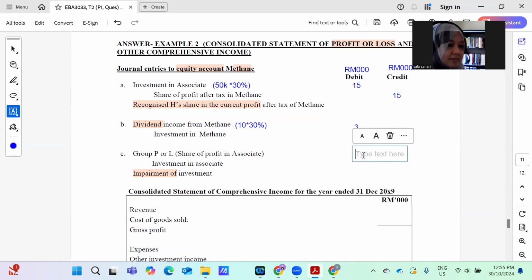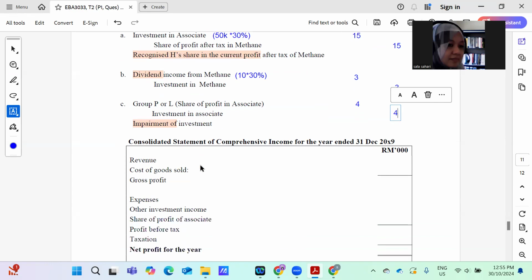So for impairment, we need to debit a group profit and loss, which is 4,000. And we will credit also 4,000. So this one directly taken from a question lah for impairment on investment. Right, so this one also will reduce the investment in associate because of impairment. So we need to credit the investment.